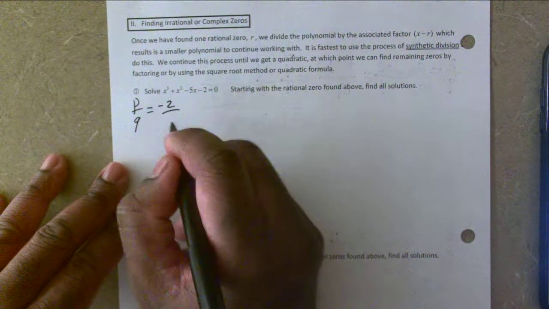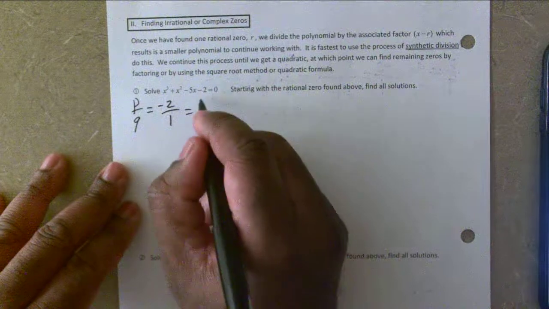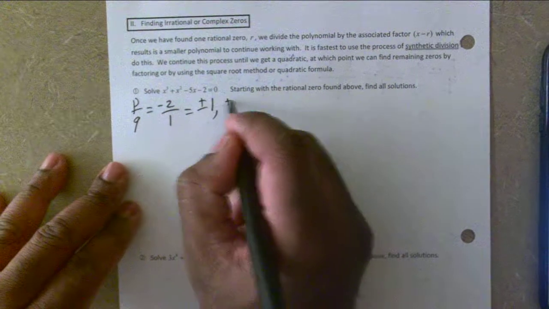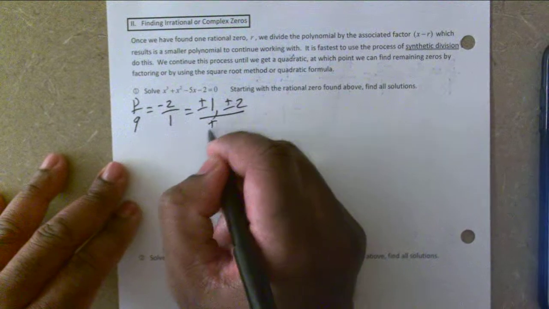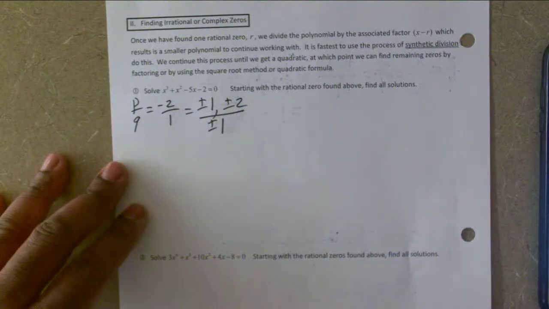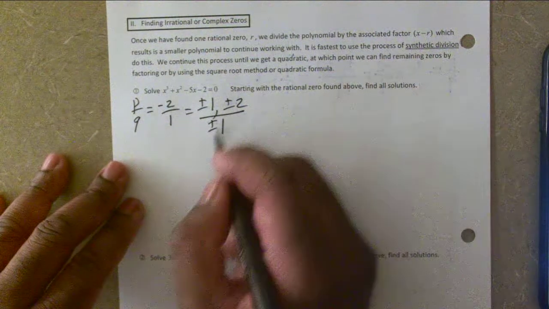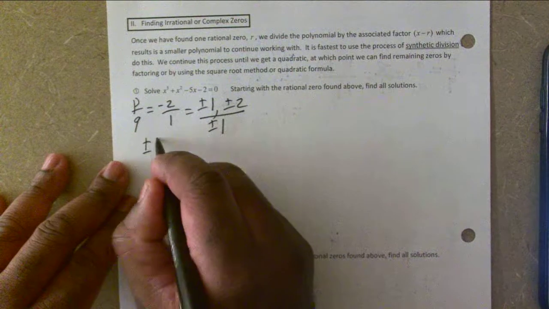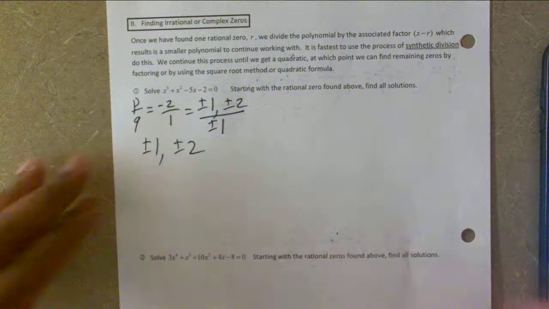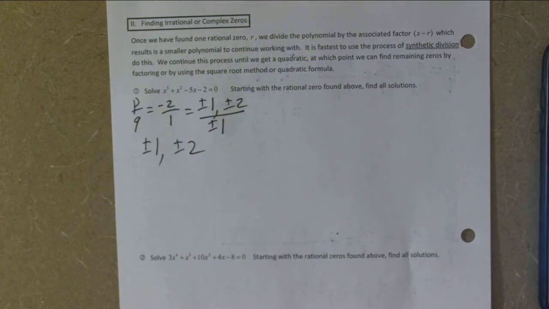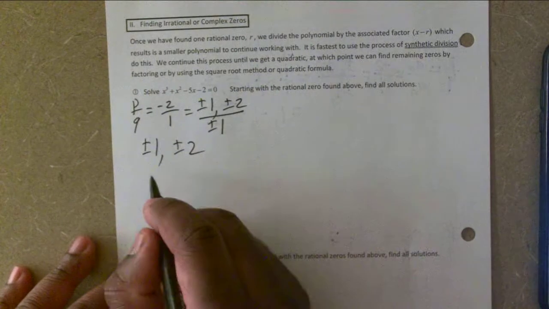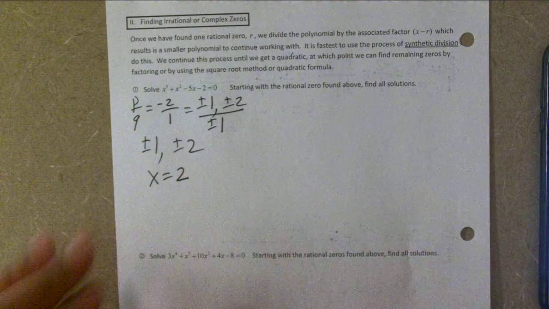Our Q is 1. The factors are positive and -1, positive and -2, all over positive and -1. So when we divide this out, this will give us positive or -1 and positive or -2 is what we will be working with.